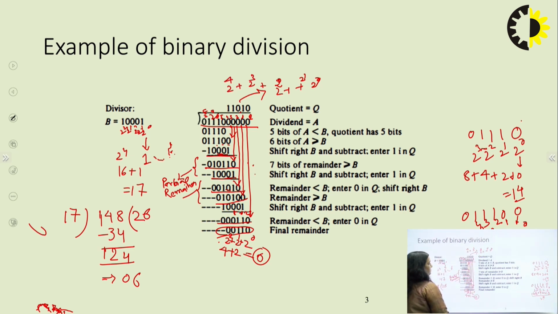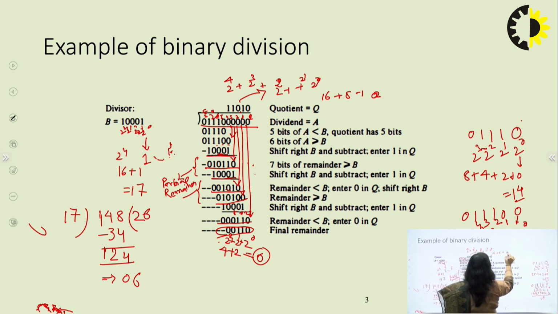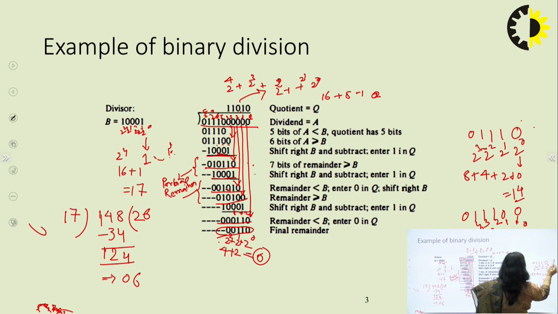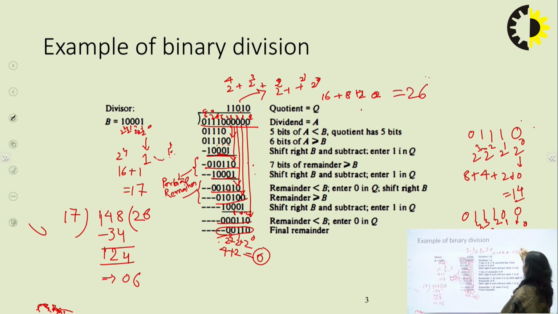So, it is 2 plus 8 plus 16. So, it is 26. So, our quotient is 26. So, this is a simple binary division.